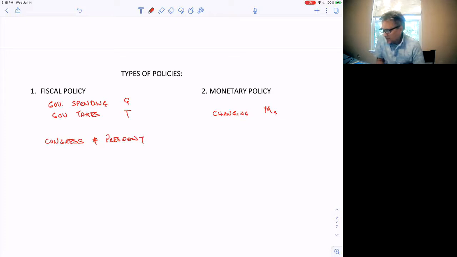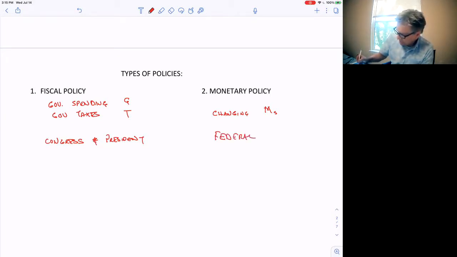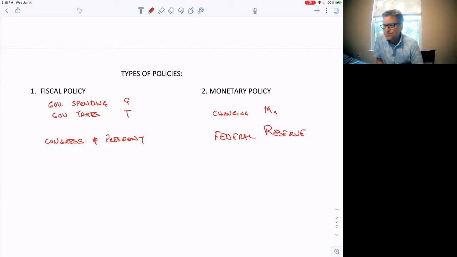And when Ben Bernanke, who studied the Depression, finally became chair of the Federal Reserve, he apologized on behalf of the Federal Reserve for turning what would have been a short recession into a depression in the 1930s. So monetary policy is controlled or handled by the Federal Reserve, because they have the power to print money.